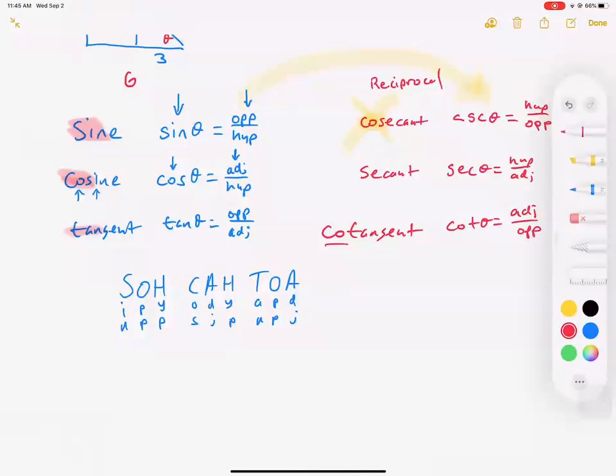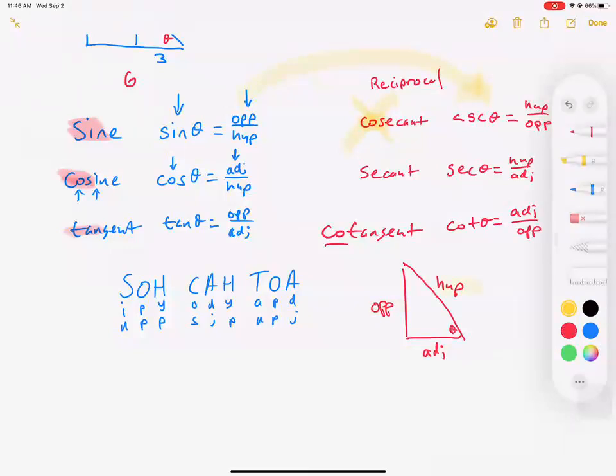And please don't overthink this. This is just really the 6 different ways we can write any combinations of sides in a triangle. If I draw you a triangle here, and I write opposite, adjacent, and hypotenuse, pick any 2, and you will end up with one of our 6. If I pick opposite and adjacent, opposite over adjacent is tangent.